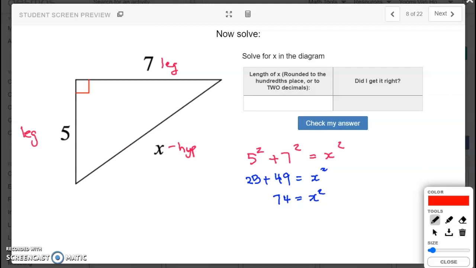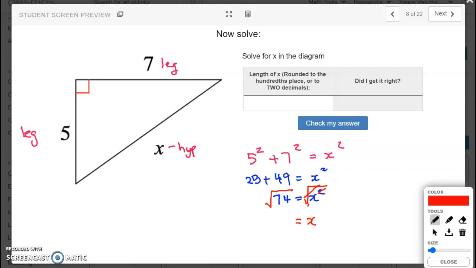Now that I have just a number, I can take a square root of both sides. And squaring and square rooting, the symbols cancel out because they undo each other. x is equal to square root of 74. So I want you to pull out your calculator and then evaluate this.